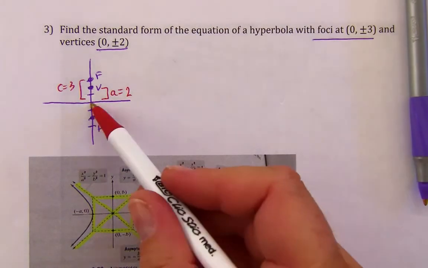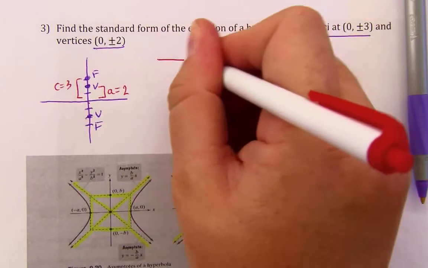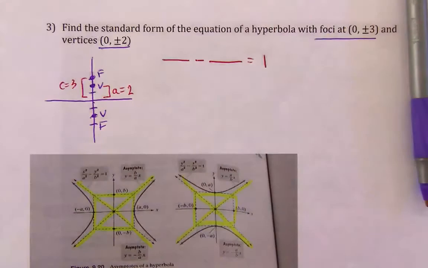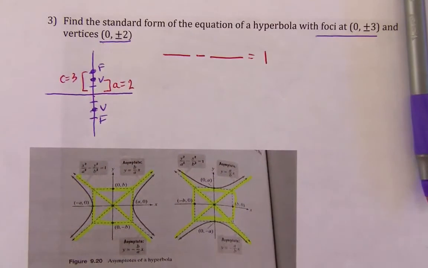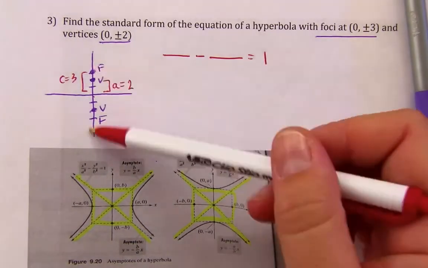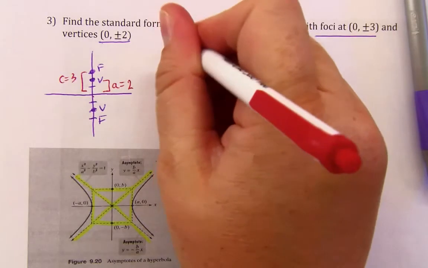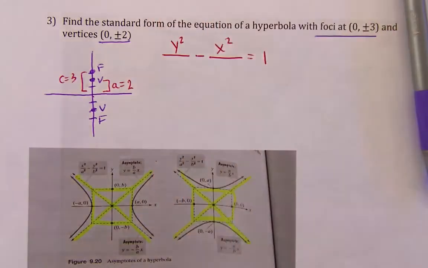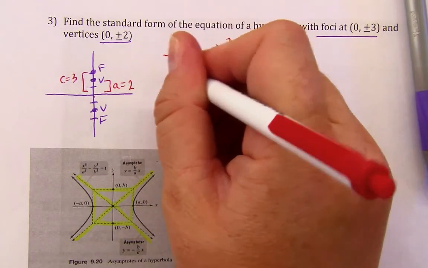Well, my center is at the origin, so we don't have to shift it at all. However, looking at the fact that I have a vertical transverse axis, that tells me that y squared is first, x squared is second. My A value we said was 2, so 2 squared is 4.